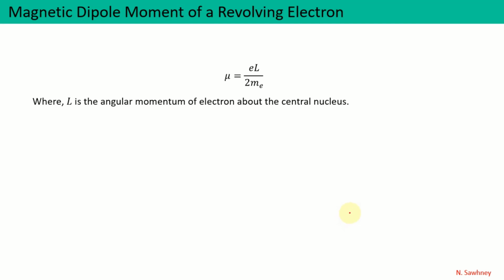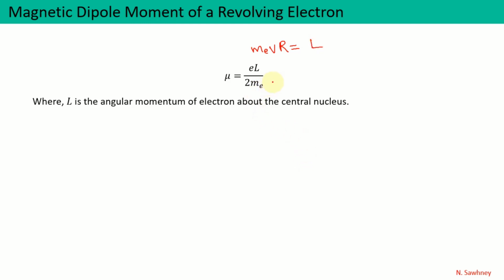So in place of mvr, angular momentum, I have written that notation capital L. As we know that the electron is making circular motion around the nucleus, so it must be having some angular momentum.